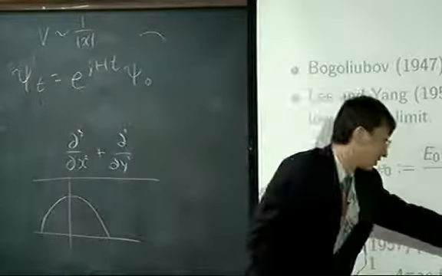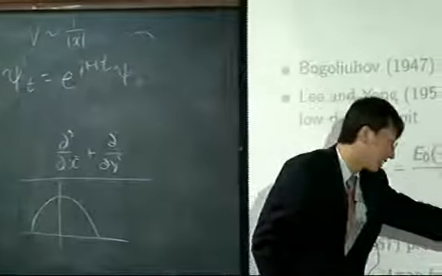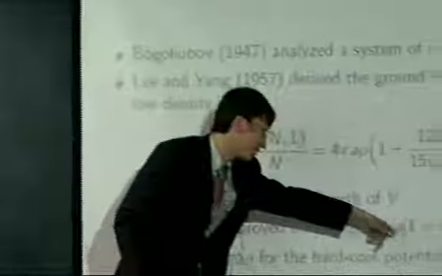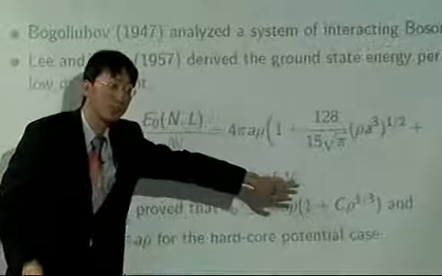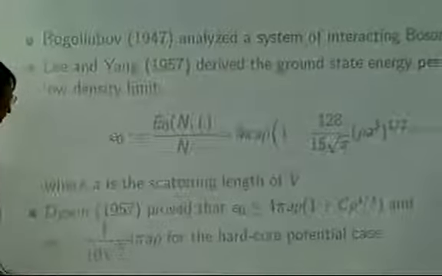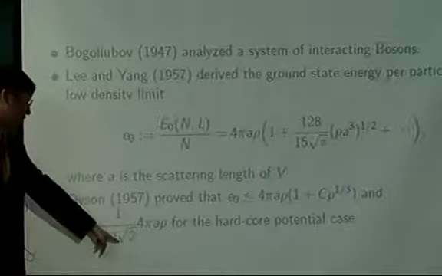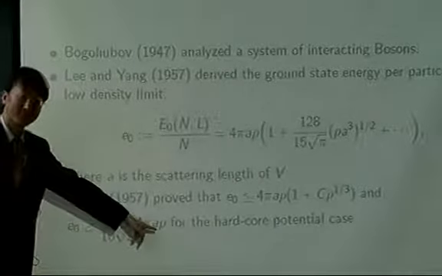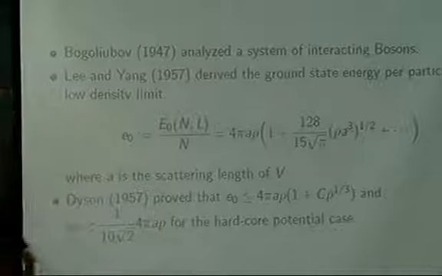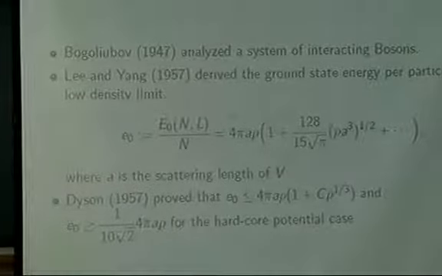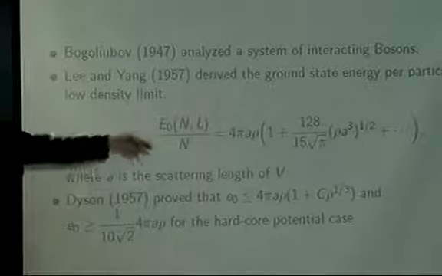the ground state energy per particle is less than 4 pi a rho times 1 plus some small factor. And it is bigger than 1 over 10 times square root of 2 times 4 pi a rho. So, well, mathematical physicists always want to use inequality instead of this kind of approximation or the equations.